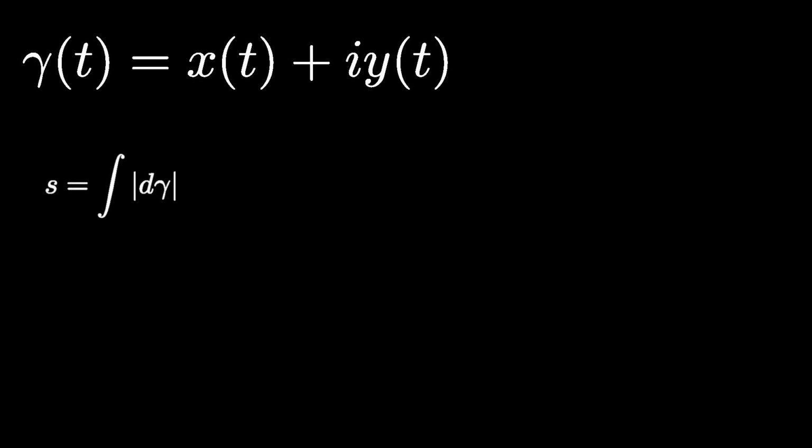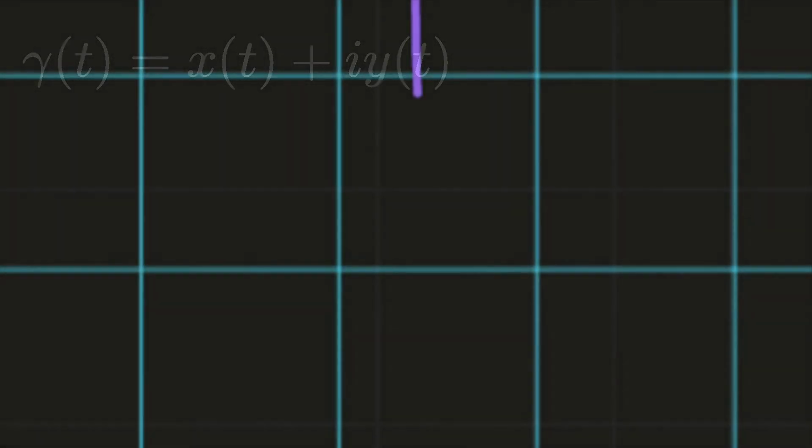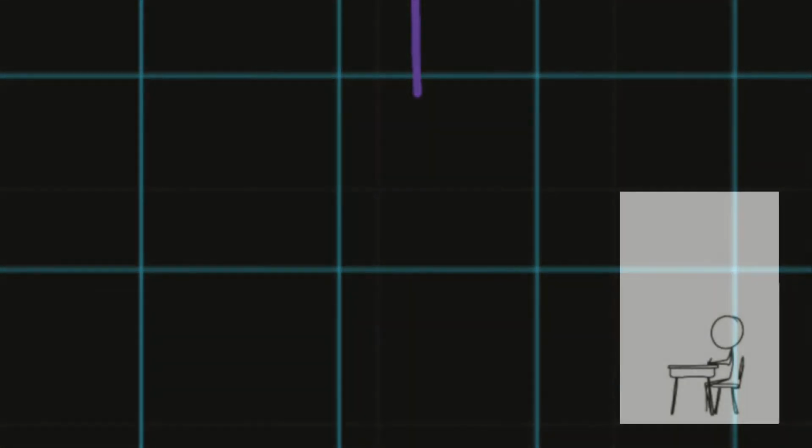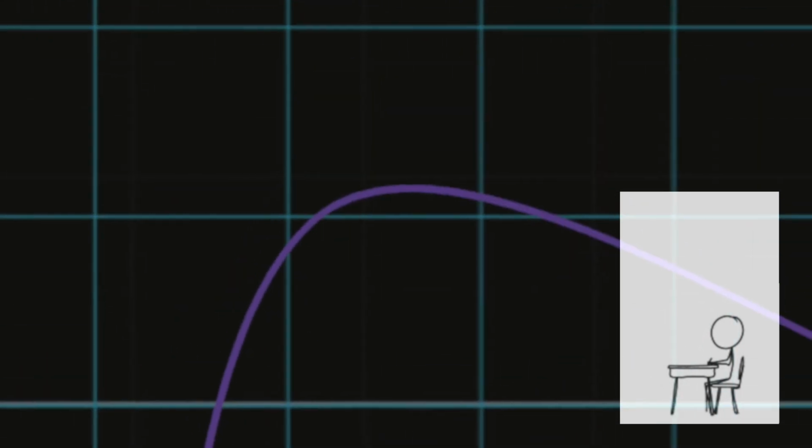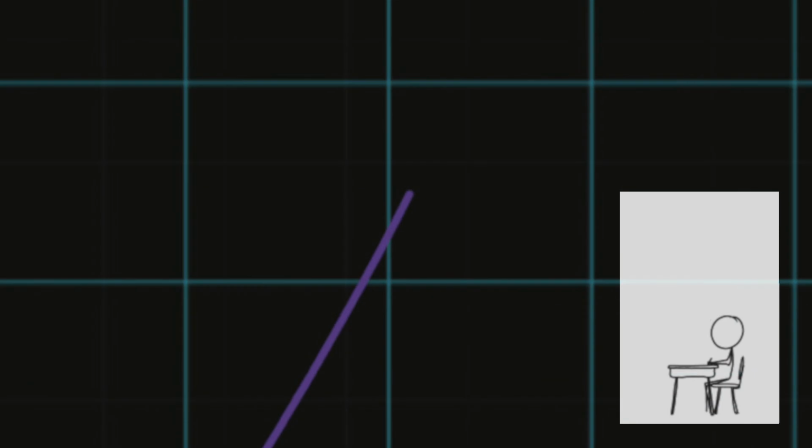So let's take a closer look at the arc length and why we want to parameterize our curves like that. First of all, we need to fix this equation up because t generally means time. If you just drank a lot of coffee and you're drawing this curve really, really fast, then that's one kind of drawing time.